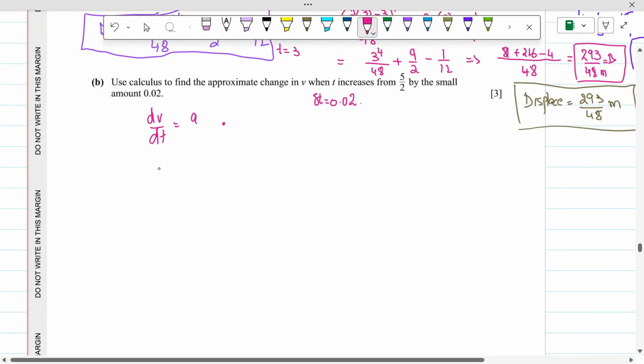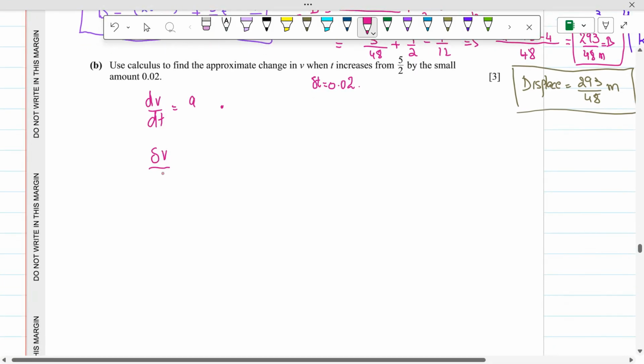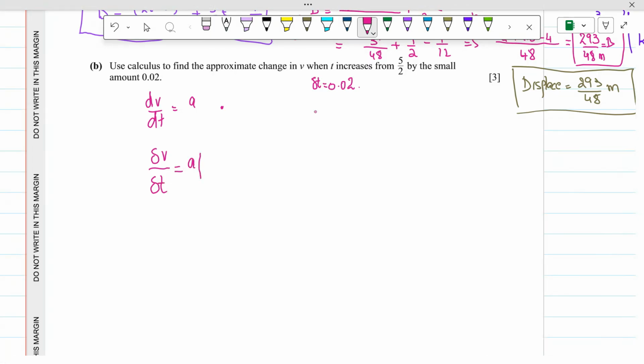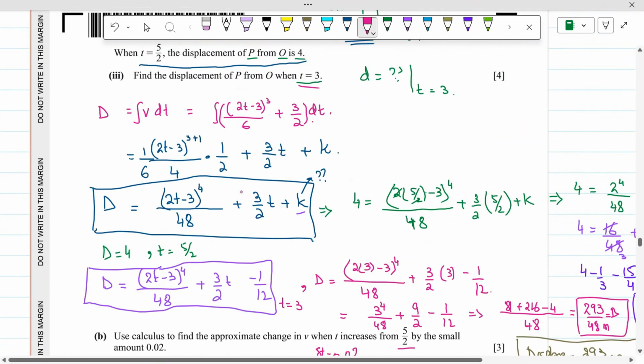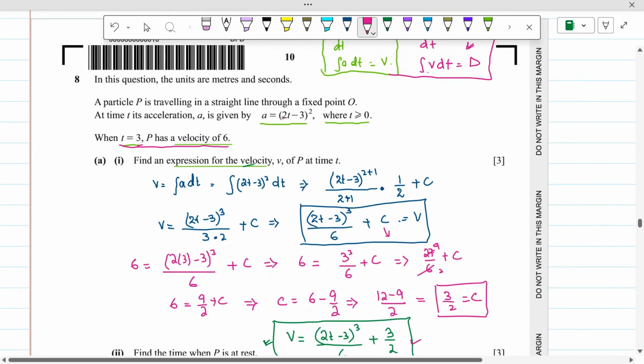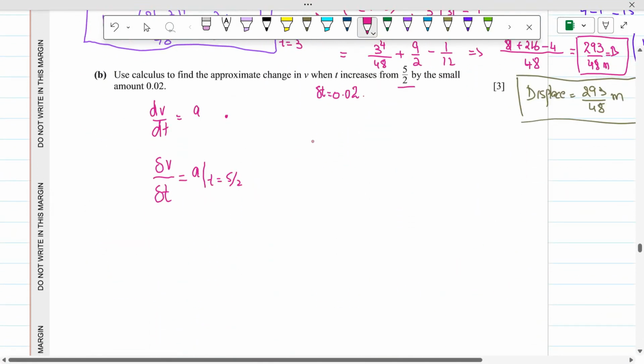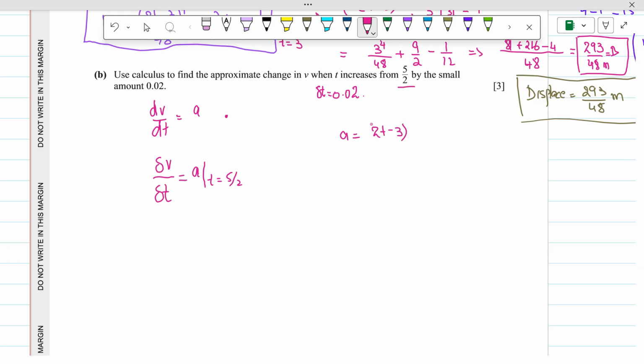Using calculus, we also know that delta v, the small change in velocity, is equal to the acceleration times the small change in time, at t equal to 5 by 2. We are given the equation of acceleration, which is a equal to (2t minus 3) whole square.